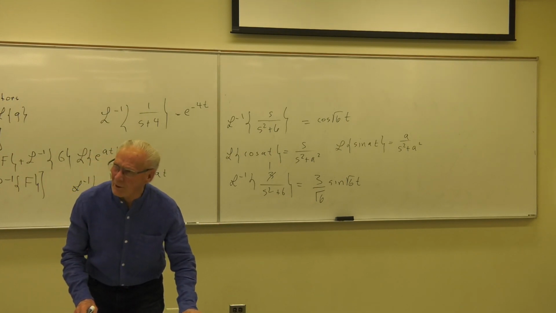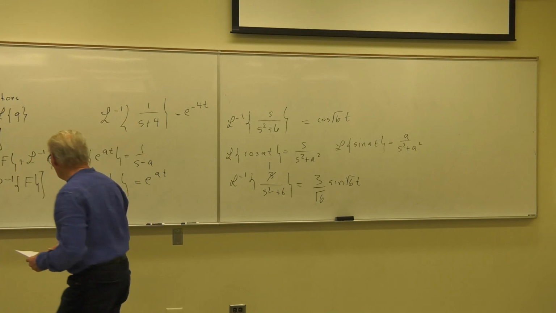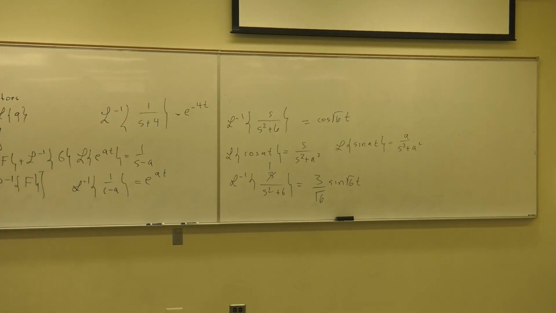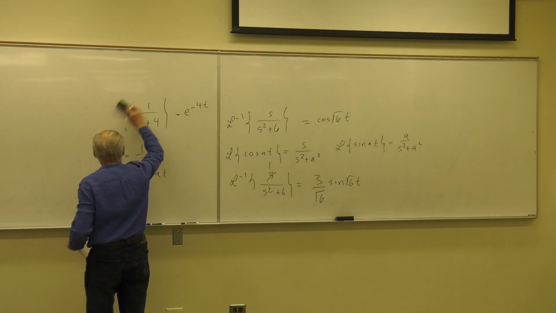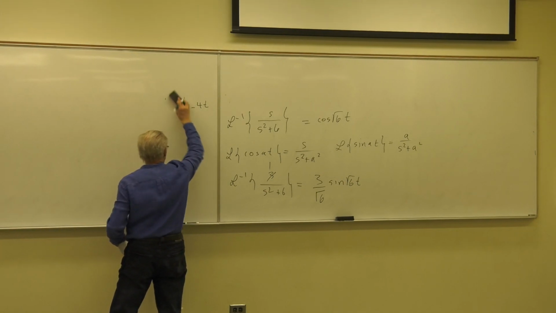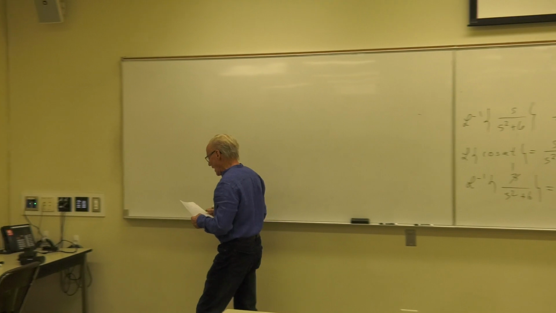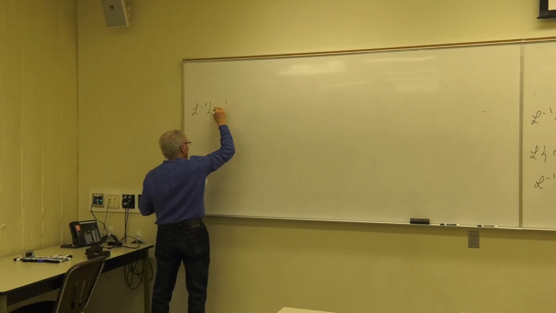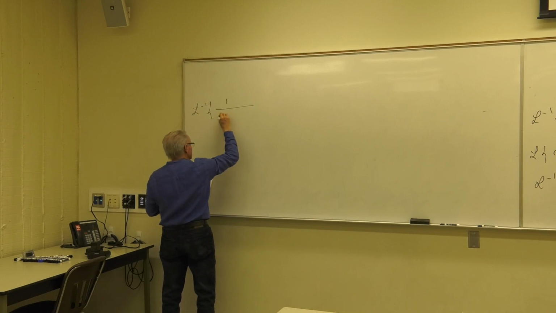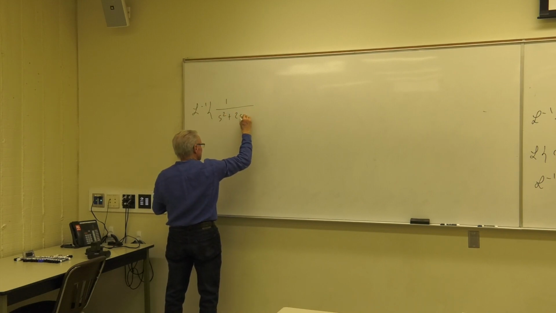I have a couple more here I want to do. To really impress you, perhaps not the best word, to really get you to think about something. Suppose I asked you for the inverse transform of 1 over s squared plus 2s minus 8.